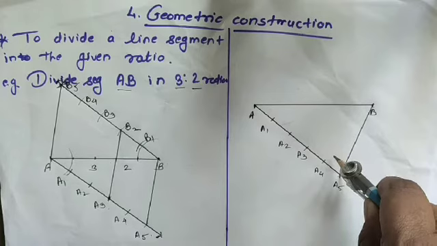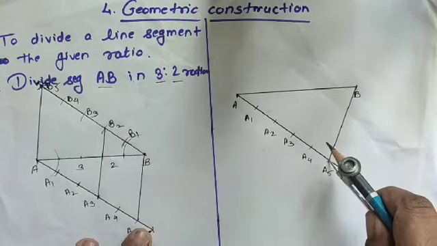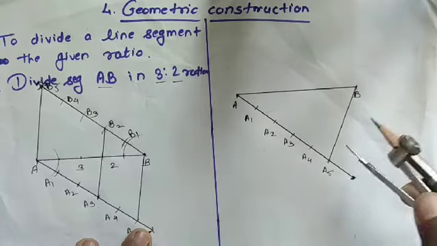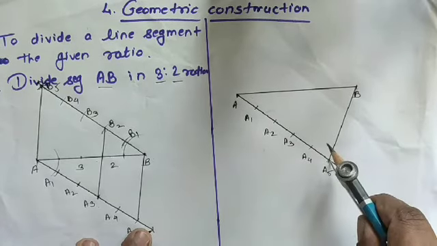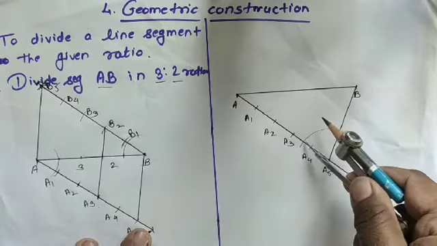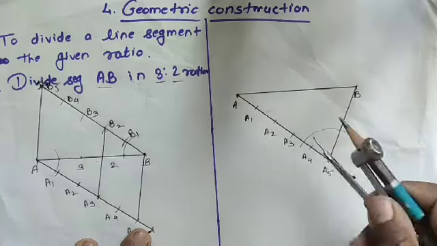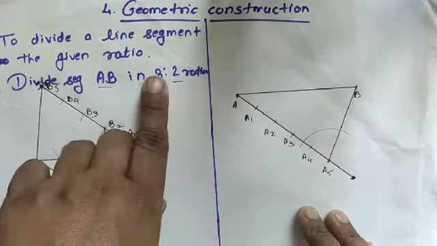If you don't understand, you just revise this, rewind the video and see it again. Okay. You just take a compass, take a sufficient distance, keep it on point A5 and draw this arc which intersects this side. Now taking the same distance, 3 is there, so 3 as to 2.